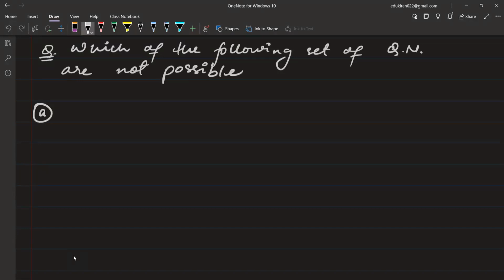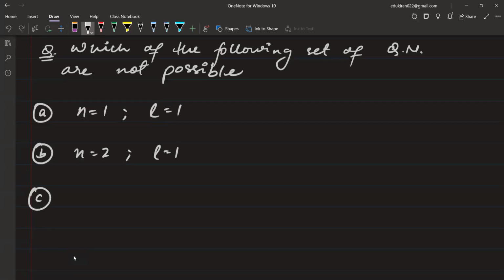Write A. n is equal to 1, comma, l is equal to 1. B. n is equal to 2, comma, l is equal to 1. C. n is equal to 2, l is equal to 3. D. n is equal to 4, l is equal to 1.